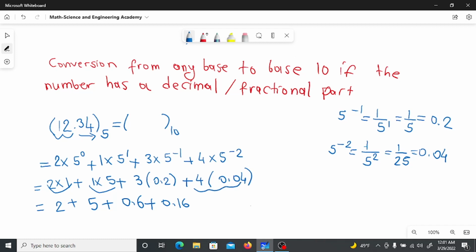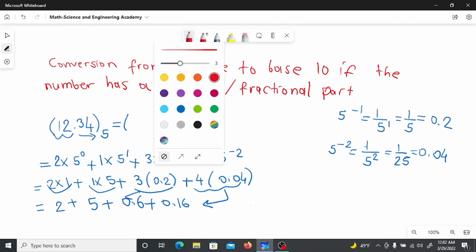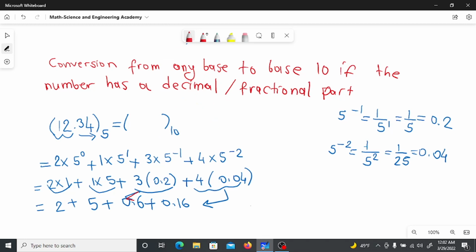Don't get confused: this part belongs to this, and that part belongs to that. Maybe we can even use a different color to distinguish. So that part is 0.6, this part is 0.16. If you continue, you will see that the whole part is 7, plus 0.6 plus 0.16.